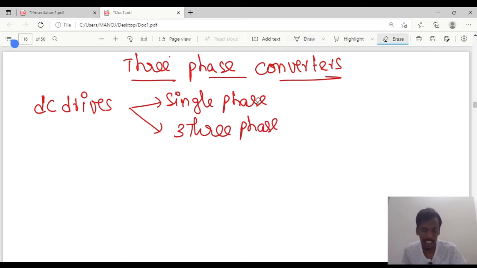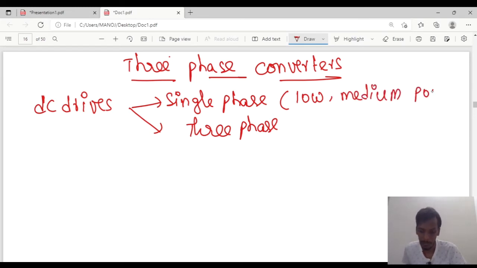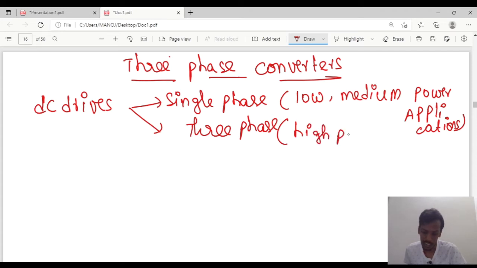The single phase controlled DC drive systems are used for low and medium power applications, and three phase is used for high power applications.